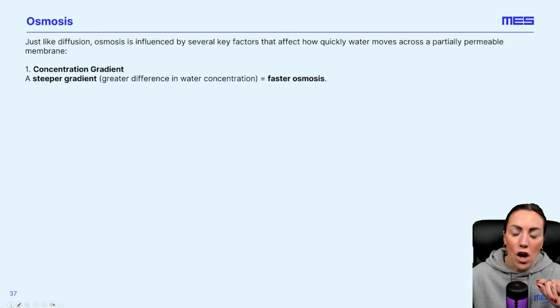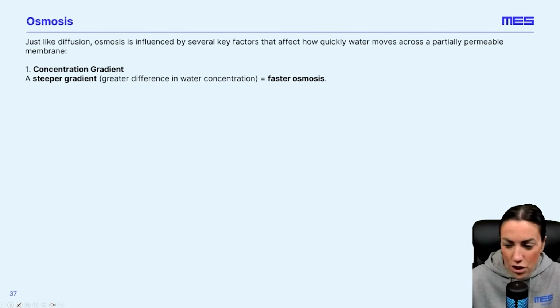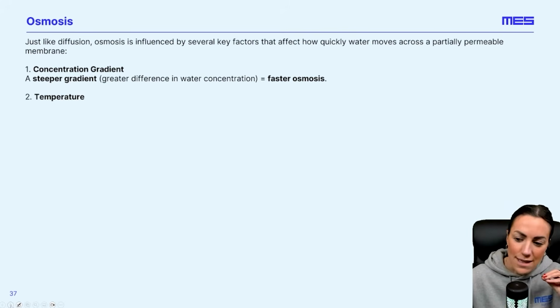So if you've got your cell in a solution of pure water and inside the cell it is very concentrated, water would very quickly move in from the dilute solution outside to the concentrated solution inside. So the steeper the concentration gradient, just like diffusion, the faster the rate of osmosis.